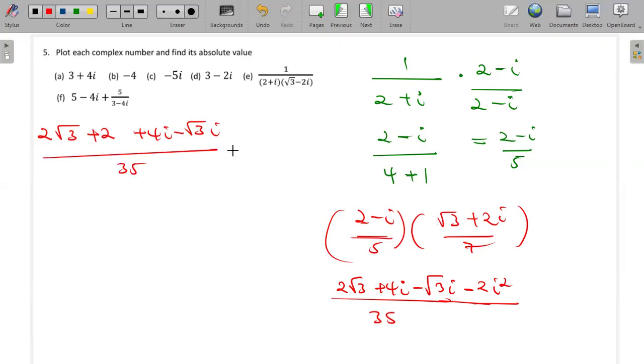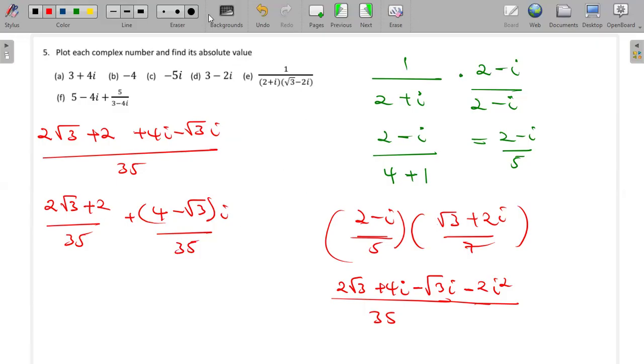So now dividing by 35, you have 2 root 3 plus 2 over 35, plus 4 minus root 3 i over 35. Okay, so this is what you have.